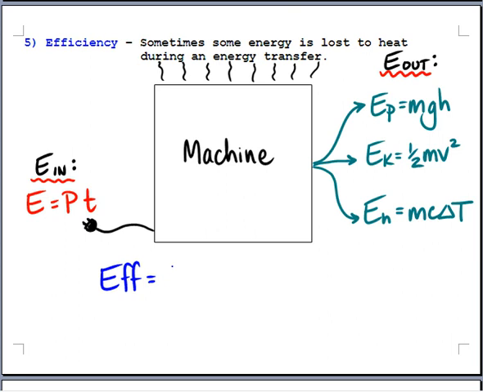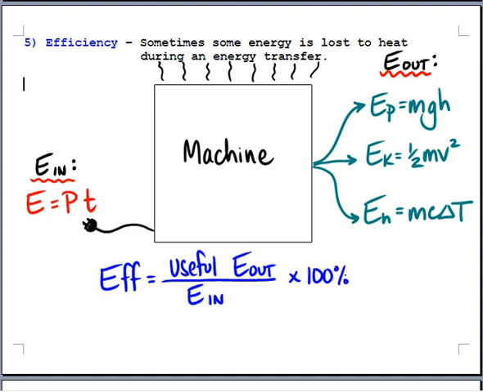Efficiency is equal to the useful energy that you get out. I don't want to just say energy out, because you do get all the energy out of the machine that you put in, just not in the useful form, which is the green stuff over here. It's the useful energy out divided by the energy that you put in, and then we convert into a percentage by multiplying by 100. So that's always got to be less than 100%.